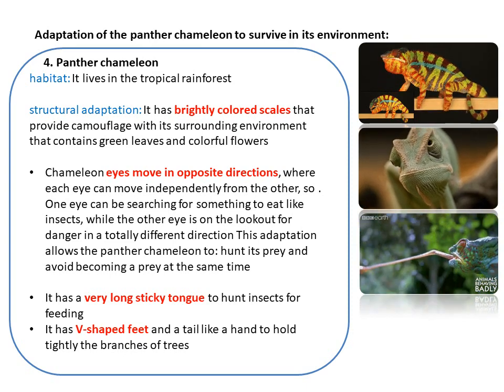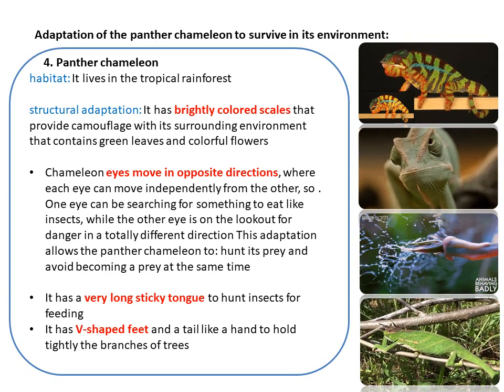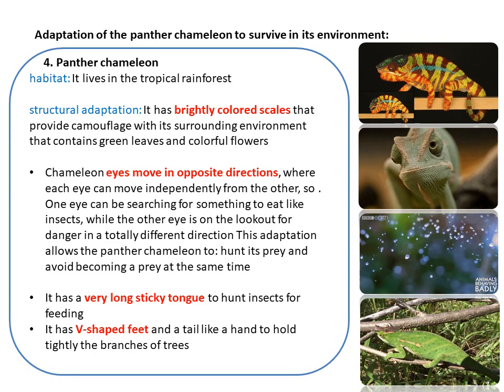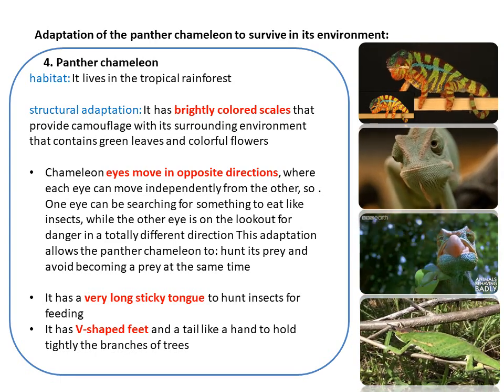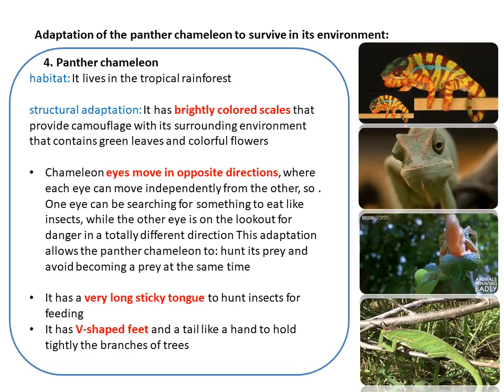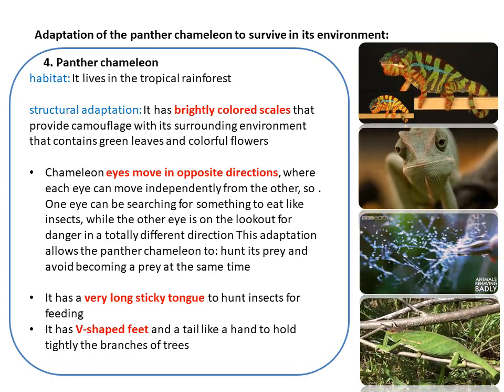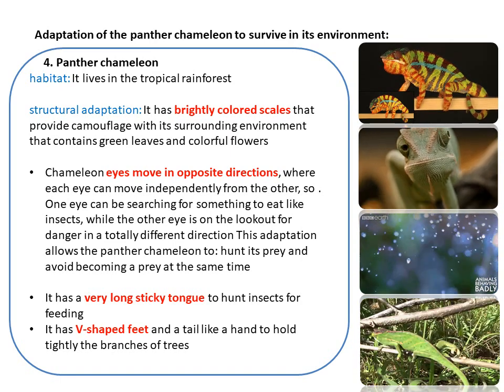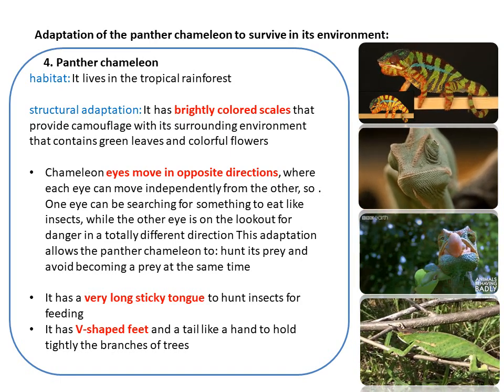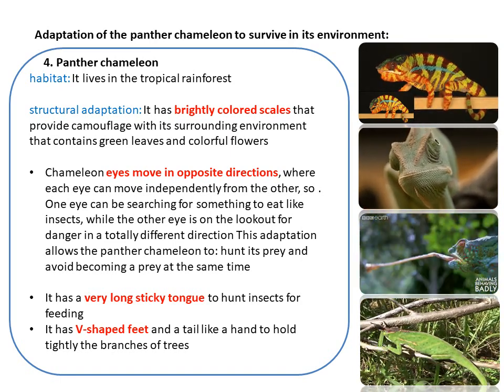Finally, the V-shaped feet. We can see the shape of the feet of the panther chameleon takes the shape of the V, and that is to hold tightly to the branches of trees.